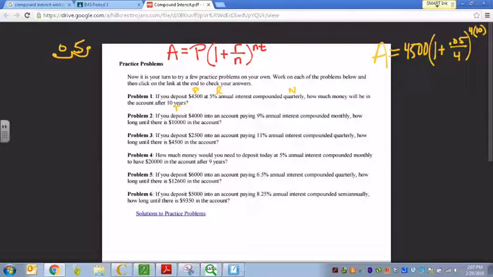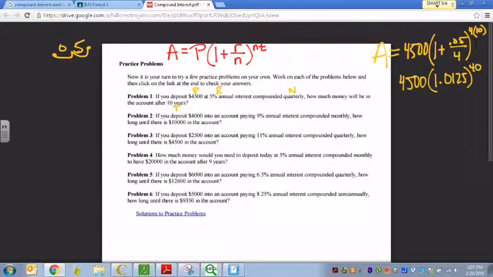Okay, and simply, you just have a calculator and you figure it out. I'll walk through the parentheses. Let's see what's inside. So 1 plus 0.05 divided by 4. I get 1.0125 to the 40th power.